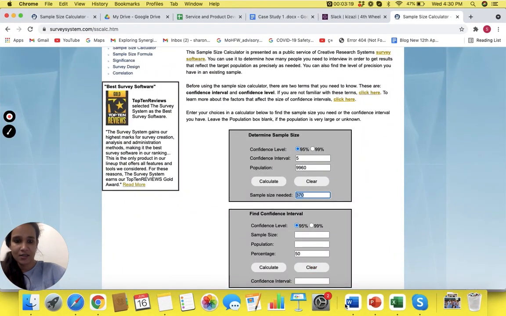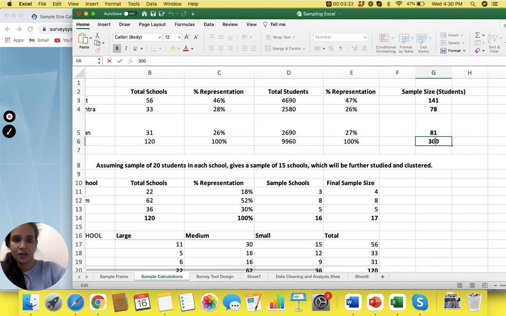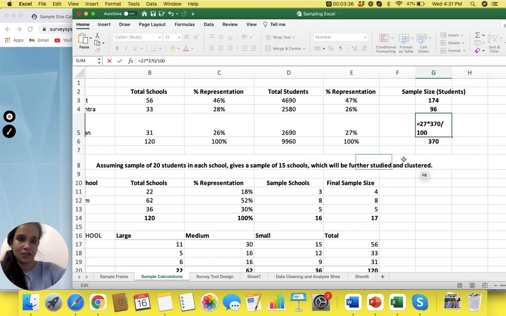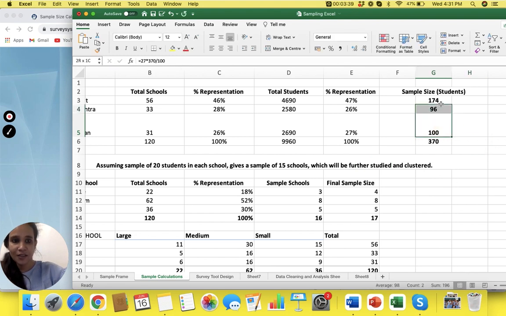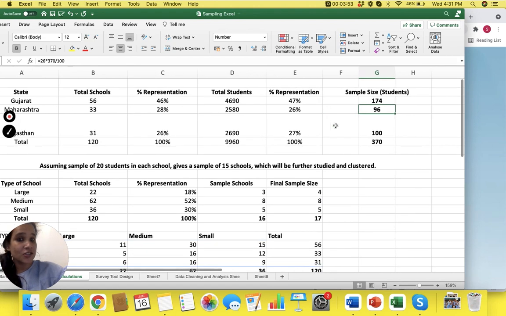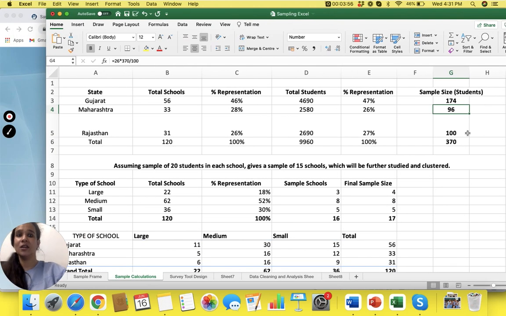Now, let's just change the number here and put 370, and change this here. So this is 370. What does that give us? 174. And this is again 370, and this is 370. So what we've done over here is we've taken this percentage: 47% representation of Gujarat school students, students from Maharashtra, and students from Rajasthan, which gives us this representation.